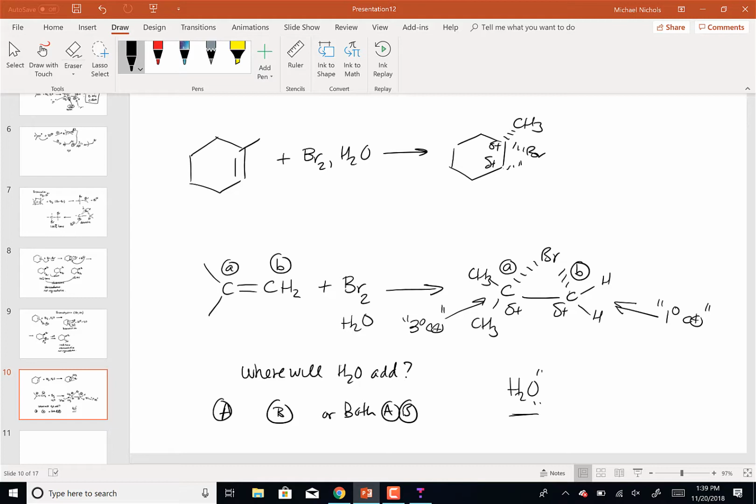So the tertiary carbon is going to have the greatest positive charge. Now, why is that important if I'm water, the nucleophile? Josh? Okay, it's going to be most attracted to the carbon with the greatest delta positive charge.